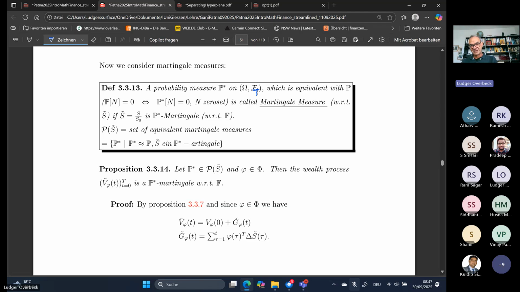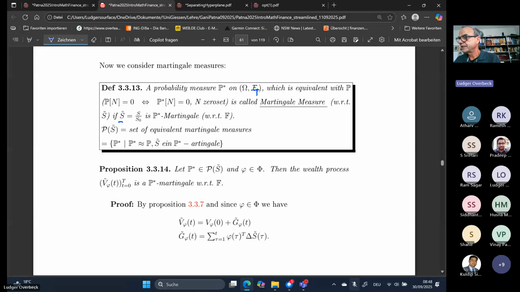Like in martingale measure, you assume it should have the property that under P star, the discounted process is a P star martingale.